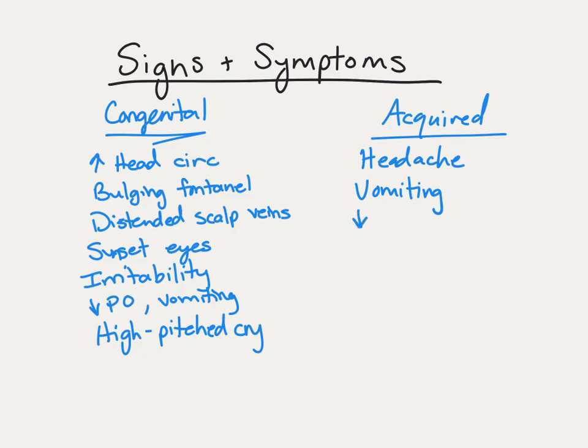We see poor PO intake, poor appetite. We can see cognitive or personality changes, ataxia, or lack of balance and coordination. And we can see visual changes, double vision, blurry vision, etc., and pupil changes.